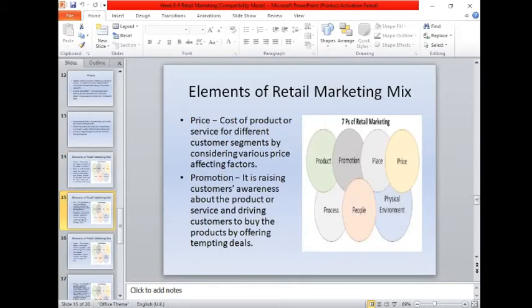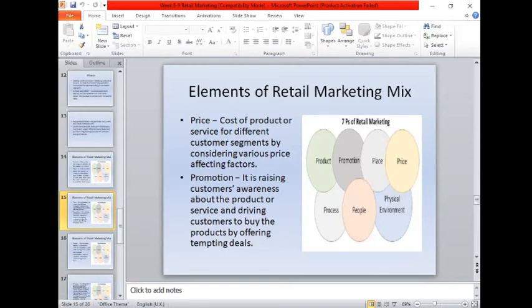Price is about the cost of the product to produce, and even the suggested retail price that can be set to sell to the final customers. It is the combination of the cost plus the retail cost in order to set the prices. The demand and supply forces also affect the prices. That's what we call the price mechanism.